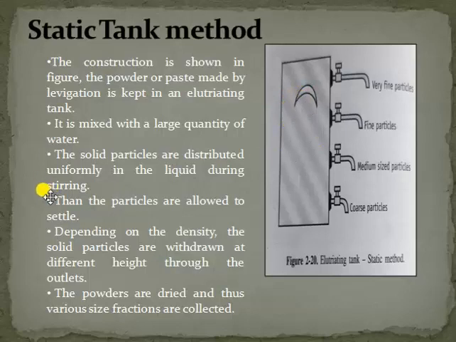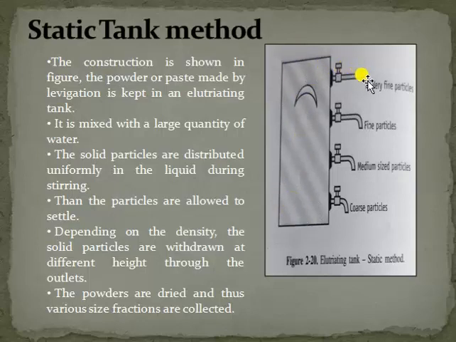Then the particles are allowed to settle. Depending on the density, the solid particles are withdrawn at different heights through the outlets. Here you can see these outlets attached to this tank. What will happen once your circulation movement is done? The particles get settled down with the help of gravitational force, or you can say the sedimentation rate, so the coarser or heavier particles settle down first.